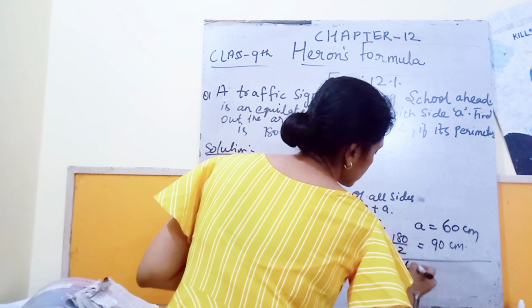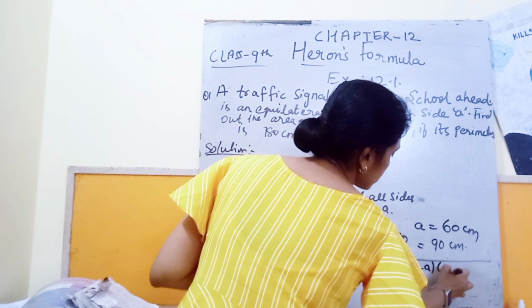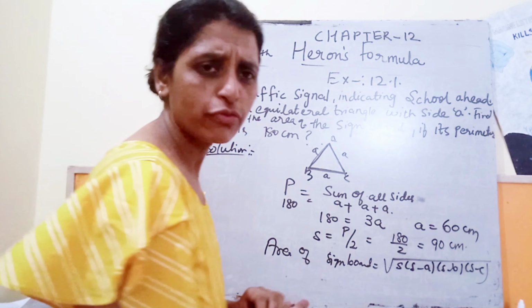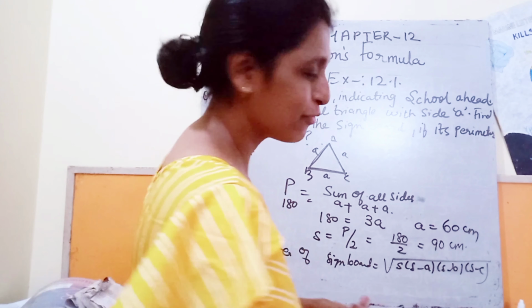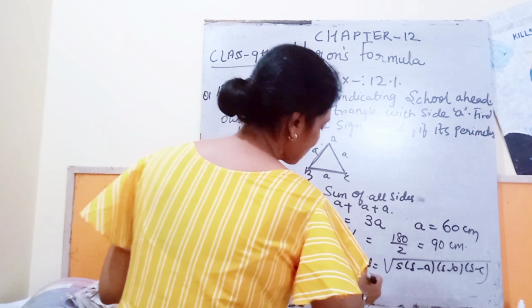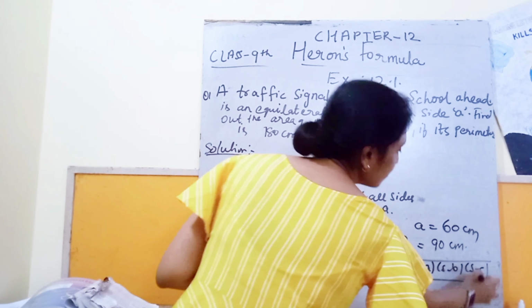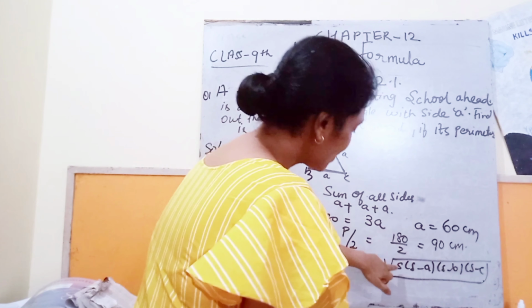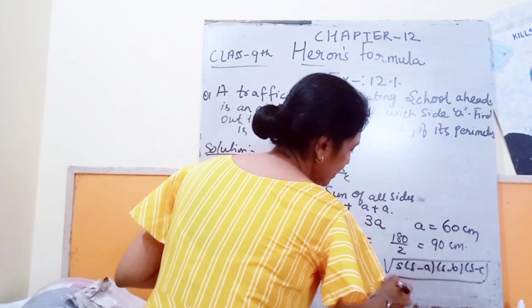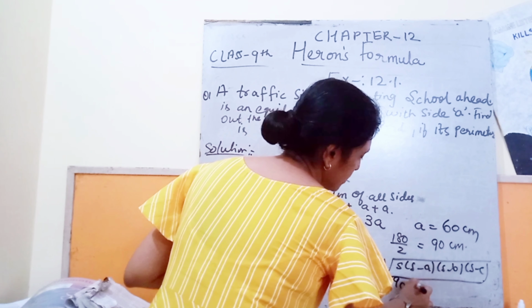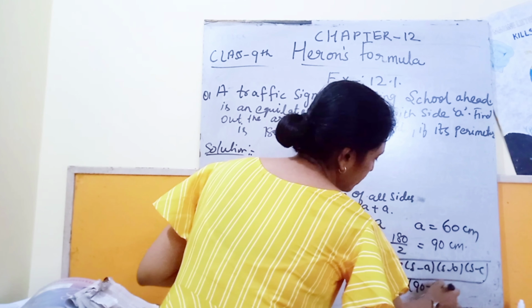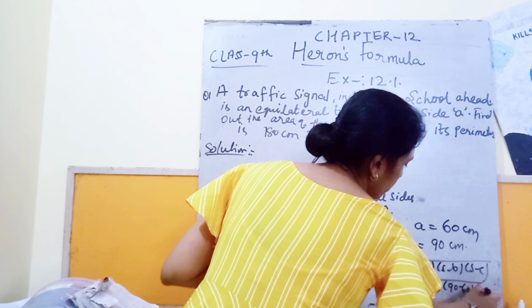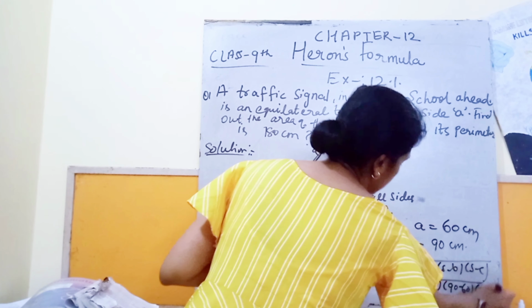It is root of S into S minus A, S minus B, S minus C. In the starting, I don't think any of you will face any kind of problem or difficulty, but you need practice in each and every concept, isn't it? So in place of S, we write 90, and then 90 minus 60, because all the sides are equal, 90 minus 60, 90 minus 60.